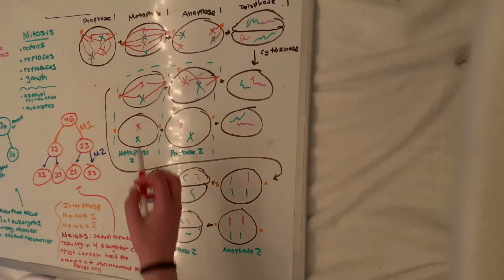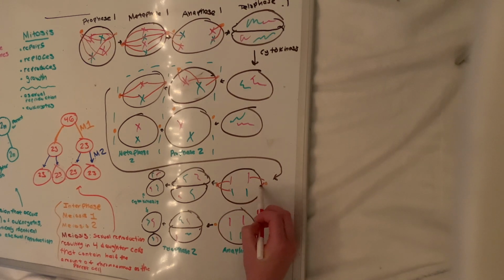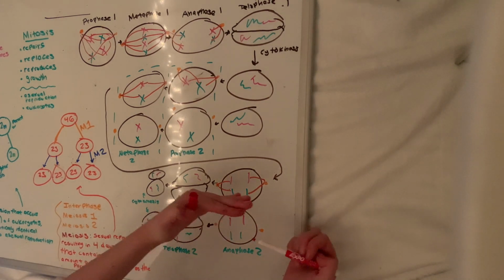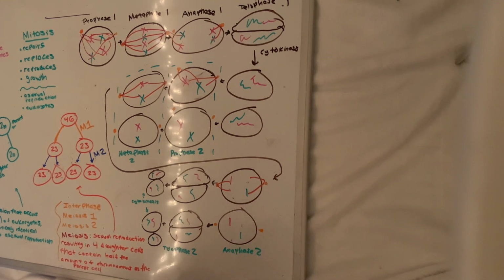And then metaphase 2, again, we only have 2 of those X's. Spindle fibers attach during anaphase, which pulls those X pairs apart, pulls the chromosomes apart, which brings us into telophase, where the cell starts to split, and then we get our 4 separate daughter cells.